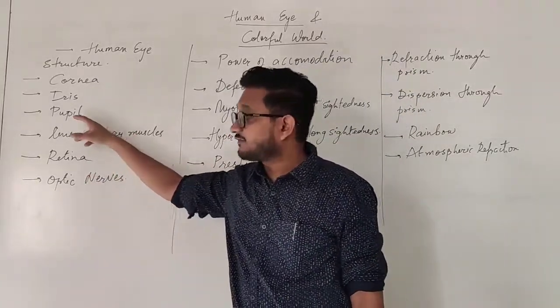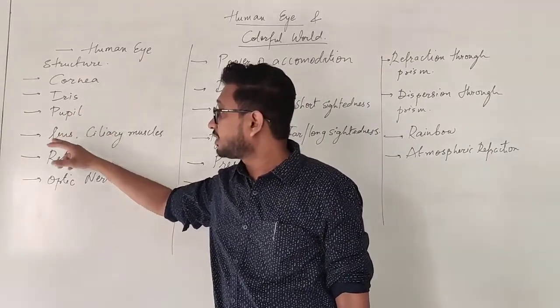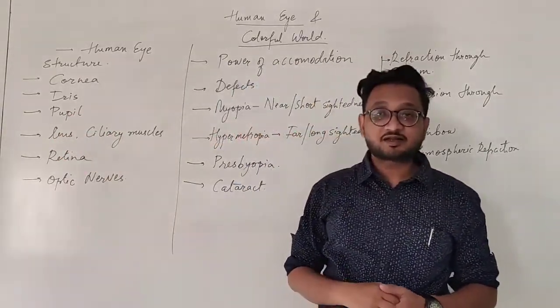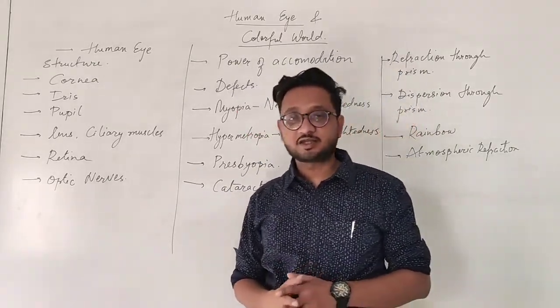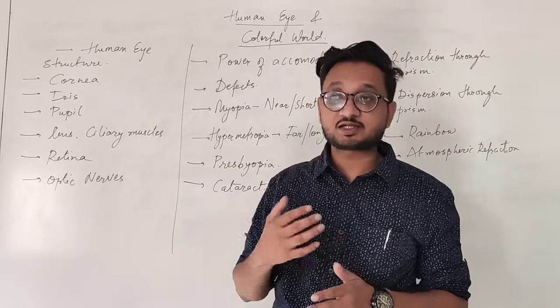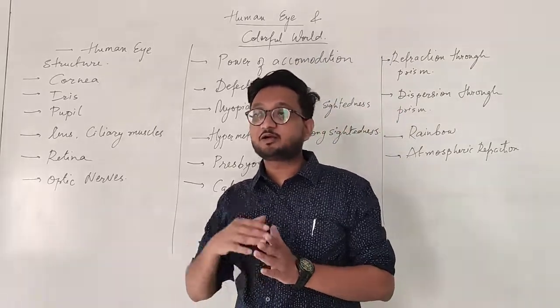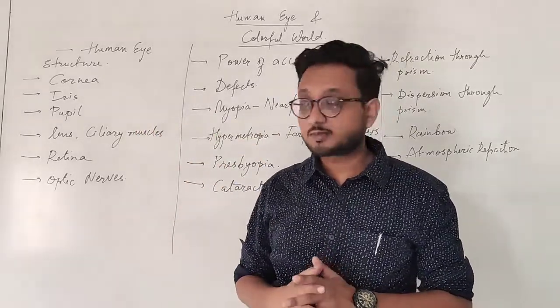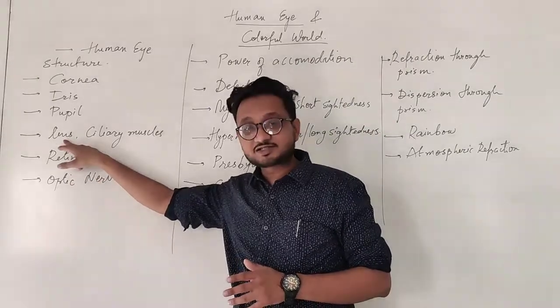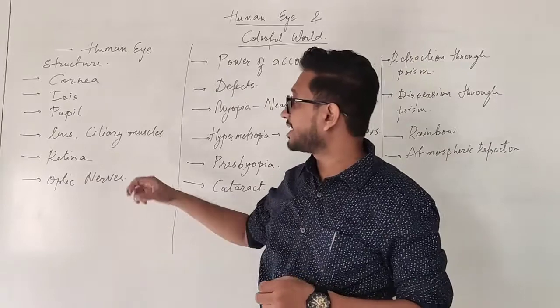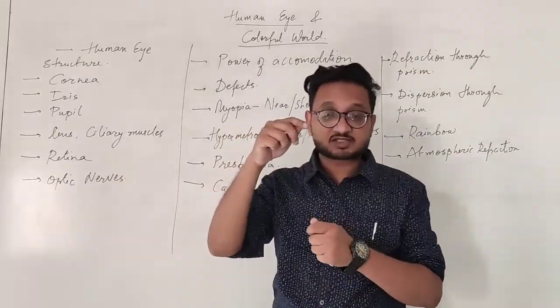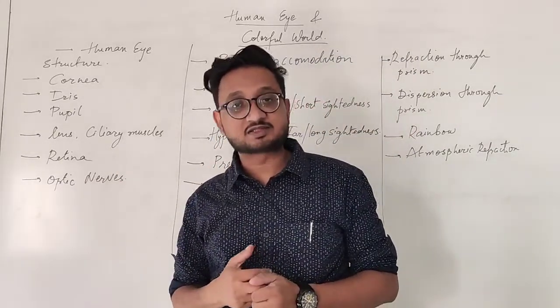Okay, and after entering from pupil, it falls on our jelly-like natural crystalline lens, which is transparent. Why is it jelly-like? Because we need to change the path of the light depending on from where we are observing the object, and this natural jelly-like lens is held together in place by ciliary muscles. These muscles are actually holding our eye lens.